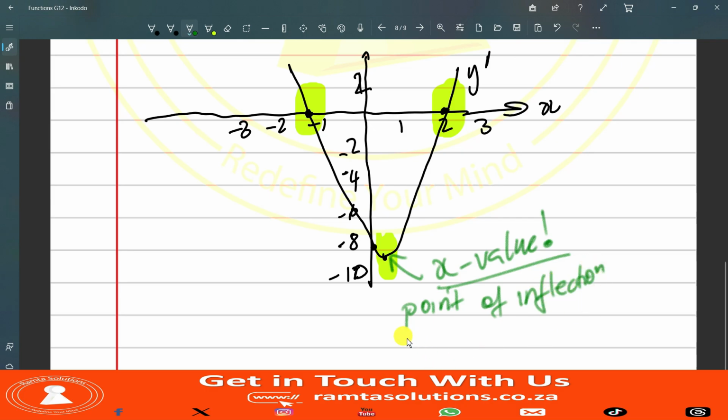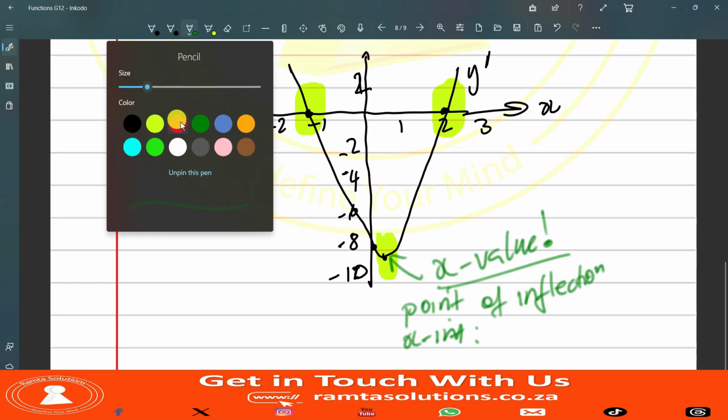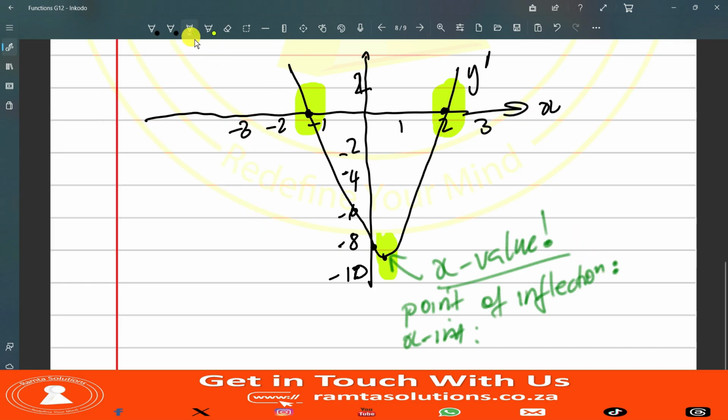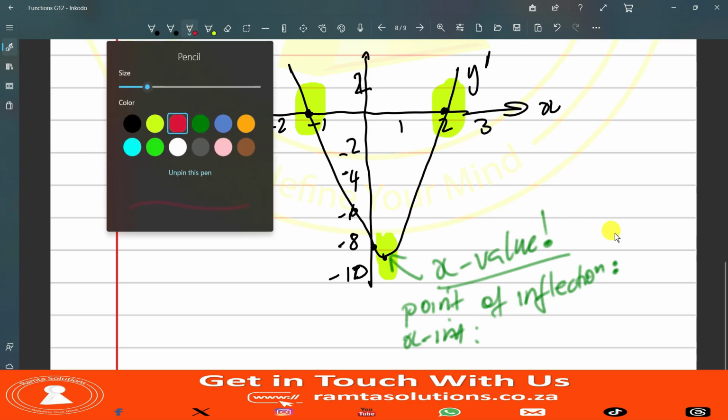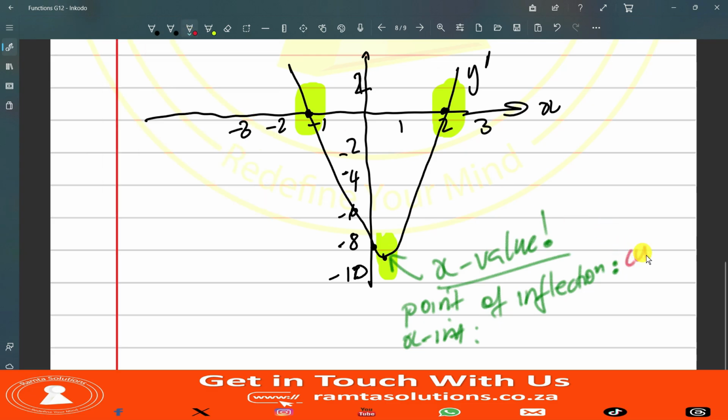A cubic. And x-intercept of who? The straight line of the cubic, and it is the x-intercept of the linear function. Okay, of the linear.